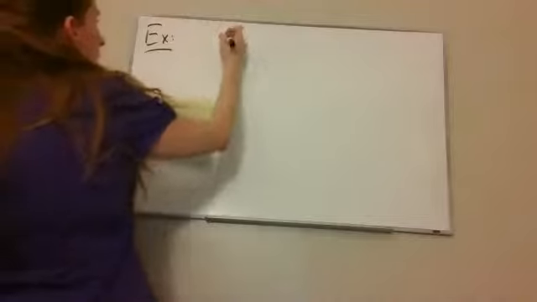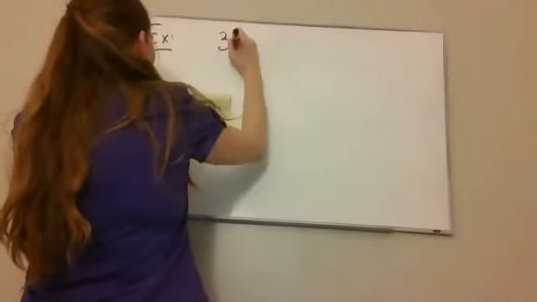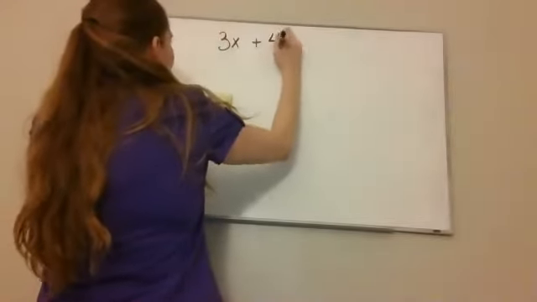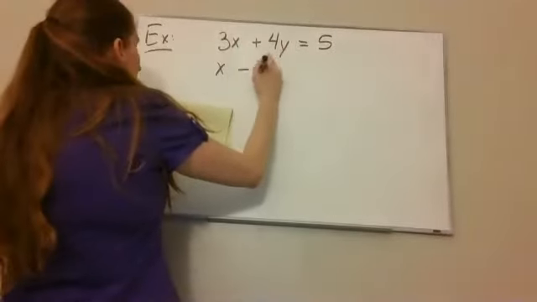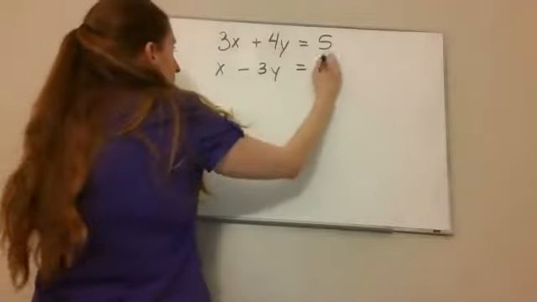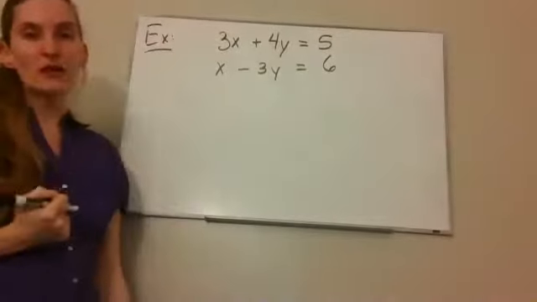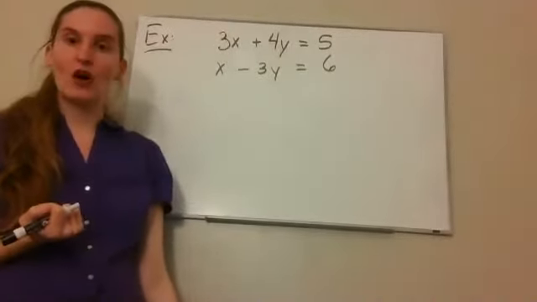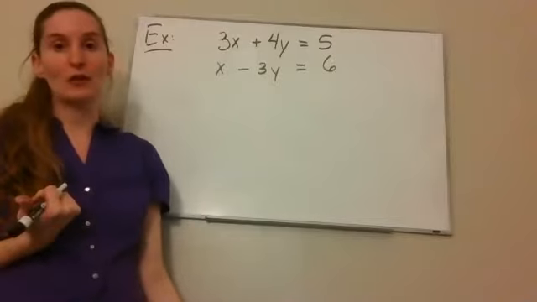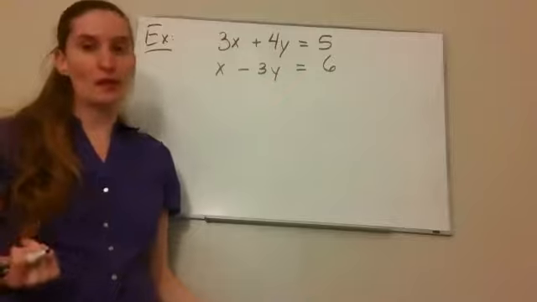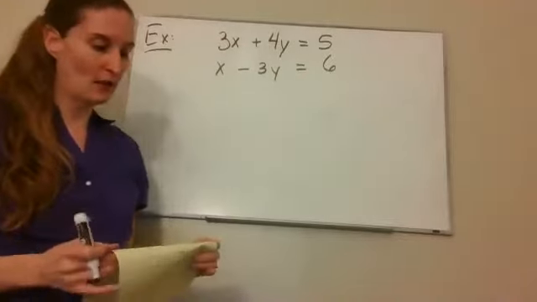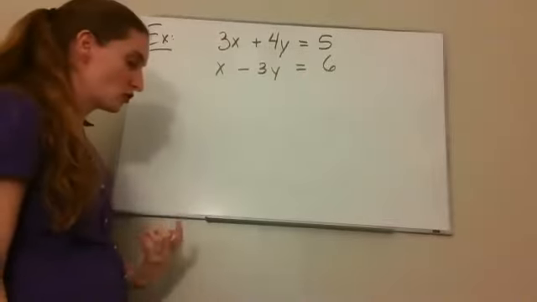We are going to solve the system of equations 3x plus 4y equals 5, x minus 3y equals 6. So I have two equations here, and I'm looking for all the places that these two equations agree. So I want all of the points that satisfy both equations at the same time. And we're going to use substitution.